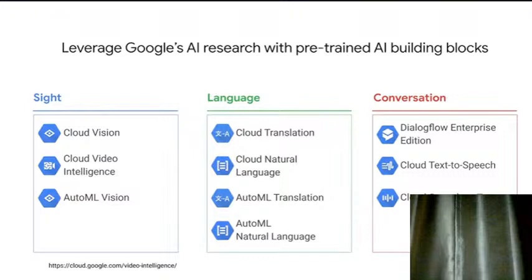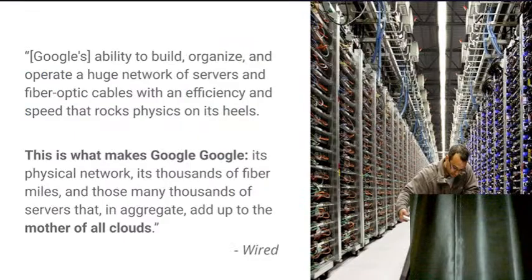But getting back to the Google Photos machine learning story, running that many sophisticated ML models on large structured and unstructured datasets for Google's own products required a massive investment in computing power. That's why Wired says, this is what makes Google Google.